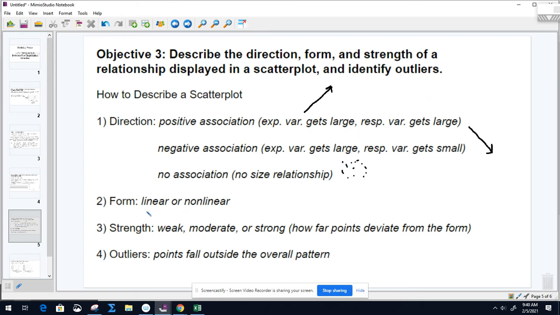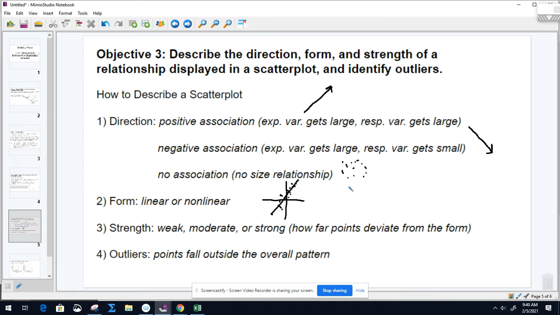The type, the form: is it linear or is it nonlinear? Now, it's not going to form a perfect line. If it does, that would be a really, really strong correlation or strong association. But is it linear? We may have some that look like this with a scatter plot, and we could come to a conclusion that, yeah, I could draw a line through that.